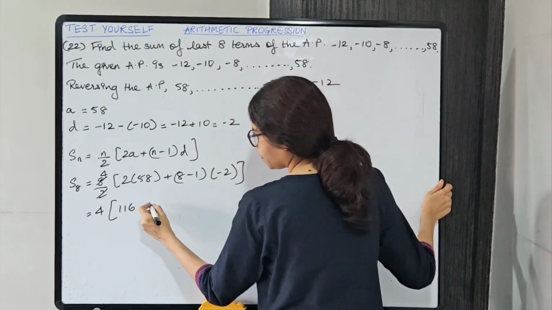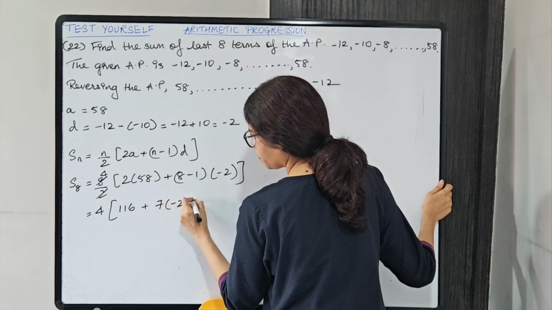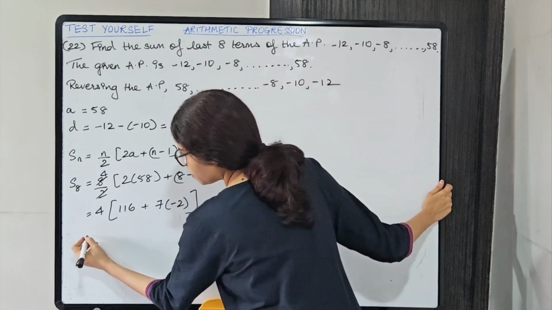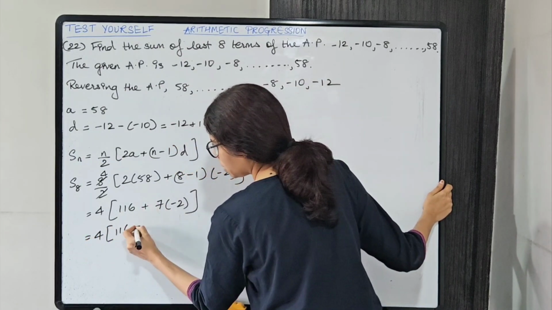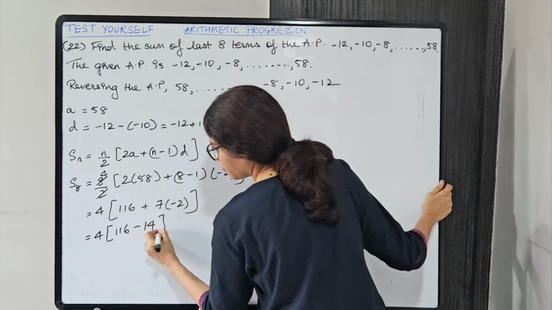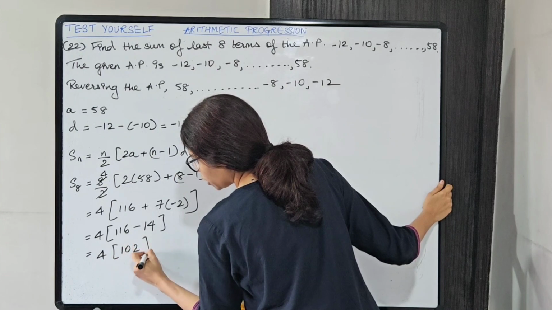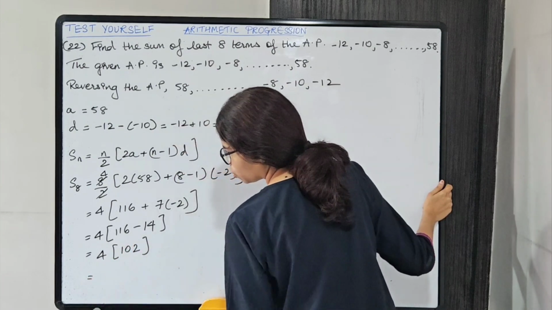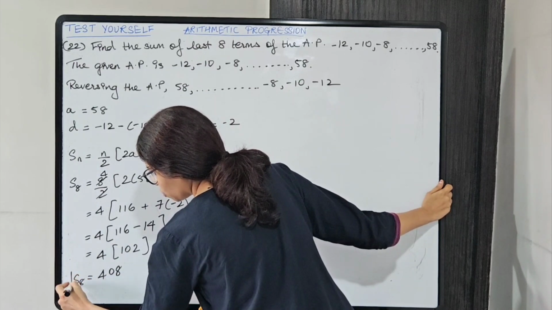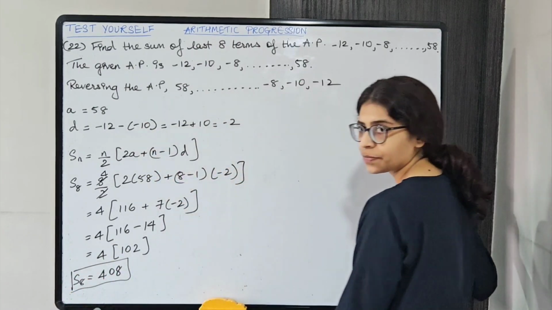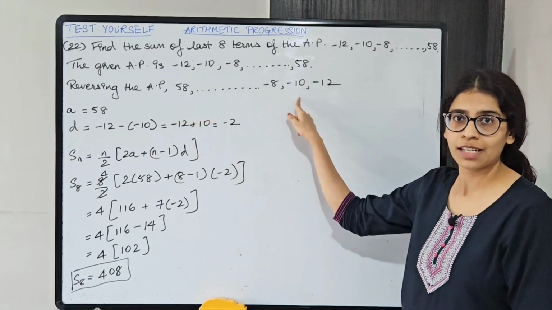Okay, plus 7 into minus 2. So 4 into 116 plus 7 into minus 2, 7 2s are 14. So 4 into 102 हो जाएगा, so that will give 408. So box the answer. This is the sum of first 8 terms of the reversed AP.